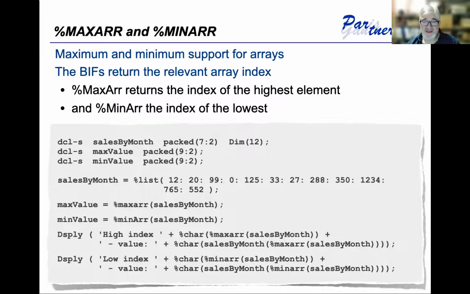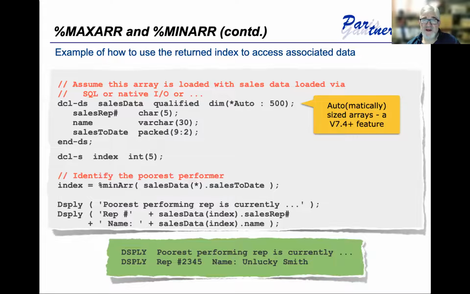And of course, rather than just a simple array like this, if what we're talking about is a data structure array, then it gives you the index so that you can easily get hold of all of the other associated information. So here's an example of doing just that.